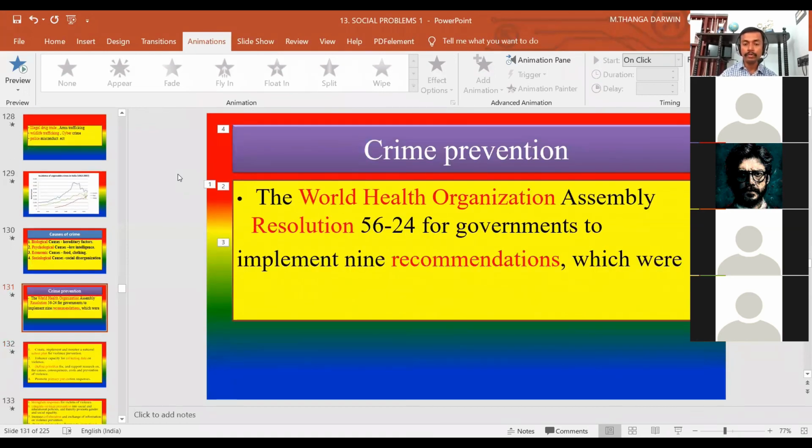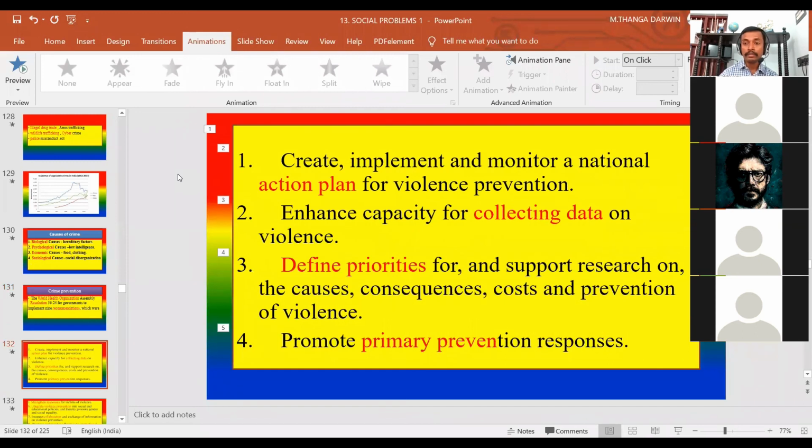Then crime prevention. How to prevent crime? The World Health Organization, in Assembly Resolution 56/24, recommended the following. According to the World Health Organization, crime is a major healthcare issue. First, action plans should be made: a national action plan for monitoring and implementing against crime.